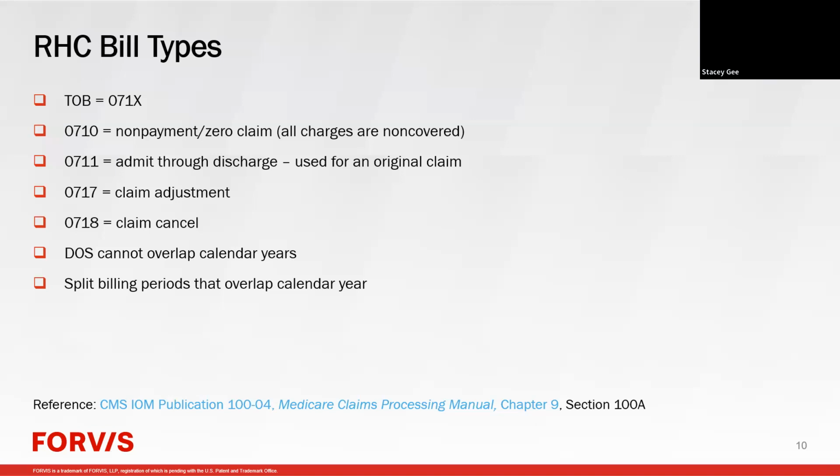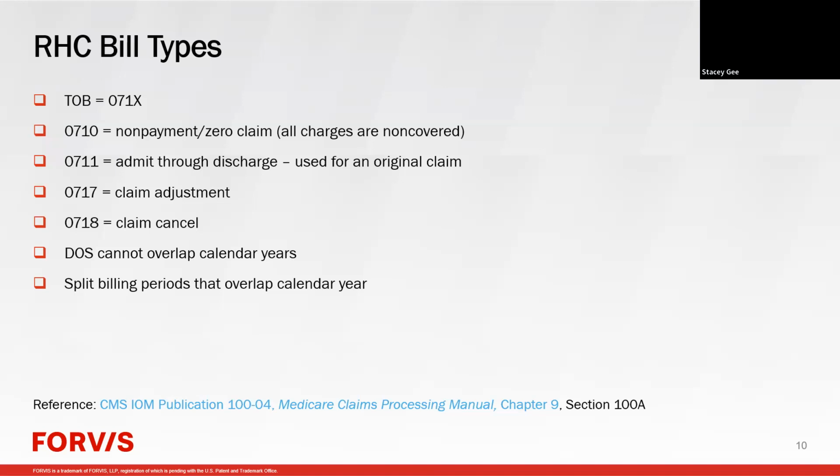0711 is going to be your initial type of bill that you submit for your payers. This is your original claim. This is going to be your first original claim. If you make any type of adjustment to the claim once it's been submitted, then it's going to revise that claim to a 0717, which means that's an adjustment claim.